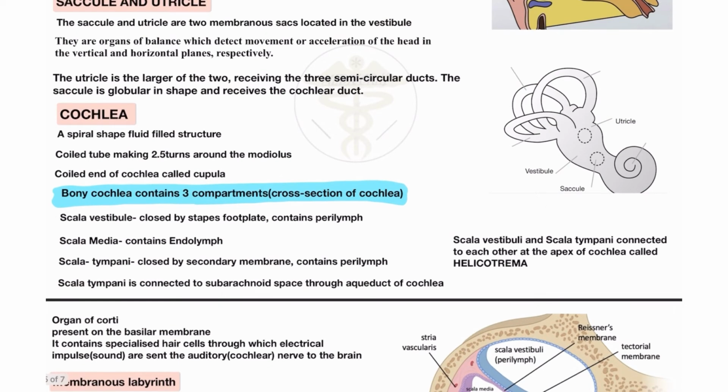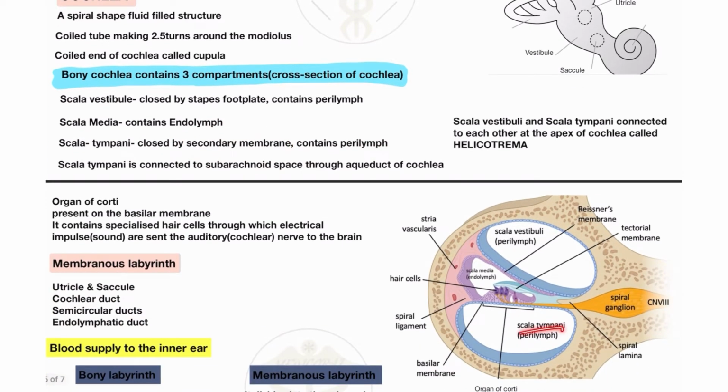So please learn: the scala vestibuli is closed by the stapes footplate and contains perilymph. The scala media contains endolymph, and the scala tympani is closed by the secondary membrane and contains perilymph.